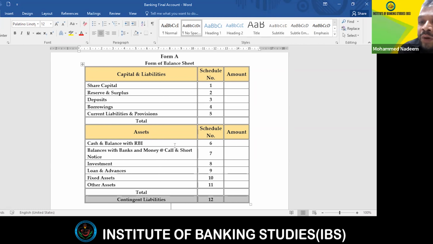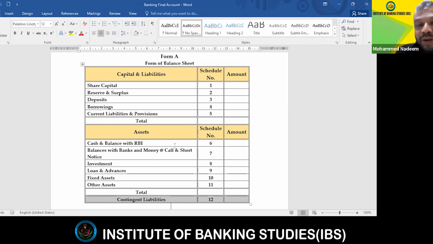Two kinds of shares are there: equity and preference. I'll tell you about these when I teach Company Accounts. Just keep in mind, share capital is capital collected by issue of shares.